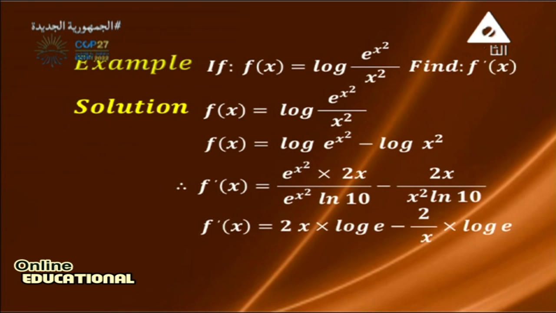Then f dash x equals 2x multiply log e minus 2 over x multiply log e, then f dash x equals 2 log e multiply x minus 1 over x.